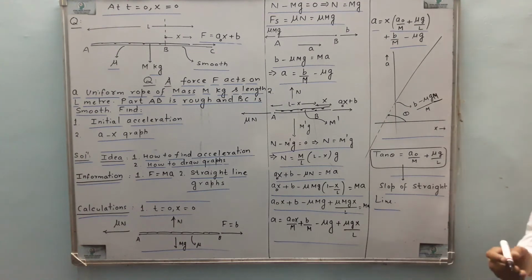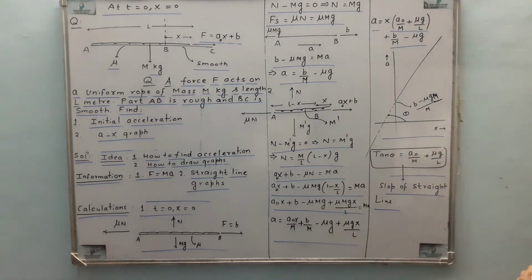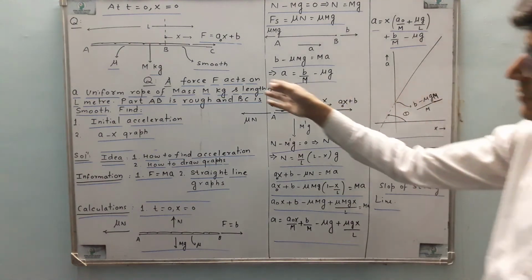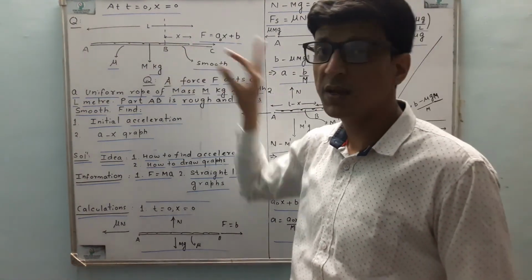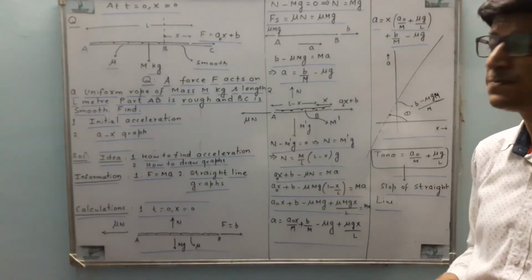So that will be a straight line. Slope will be positive because we have assumed that all the parameters taken here are positive. So that will be a straight line graph. I have drawn this as dotted because when motion starts, x will not be negative, it will start from 0. In this way you can solve your question quickly.